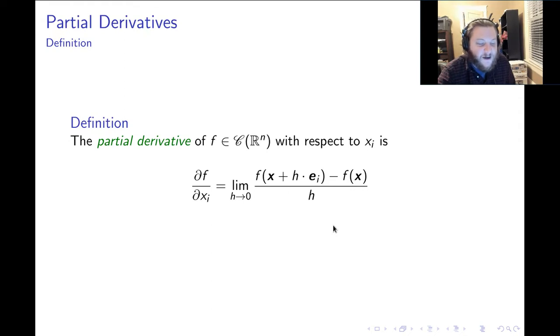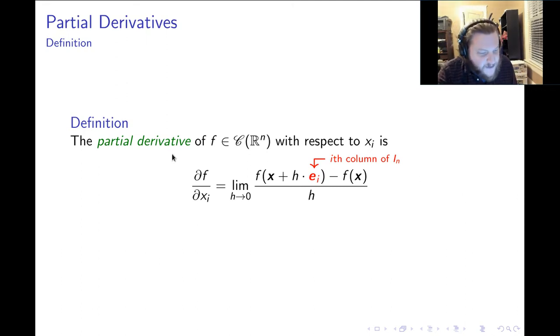So the idea here is that I'm taking my input vector x, and I'm adding this scalar multiple h of e sub i. And remember, our notation e sub i is referring to the ith column of the n by n identity matrix. So this is the definition of a partial derivative of a scalar field on n variables with respect to the ith input variable.